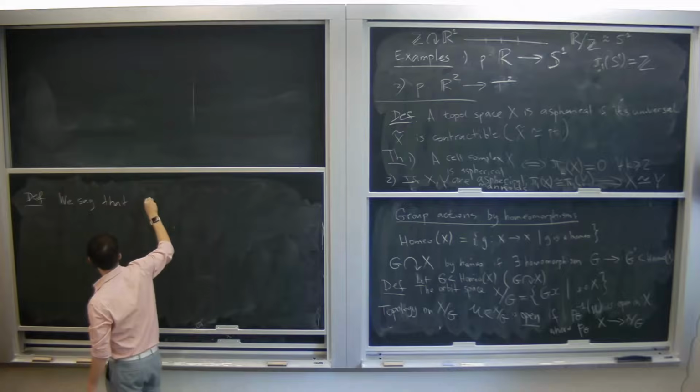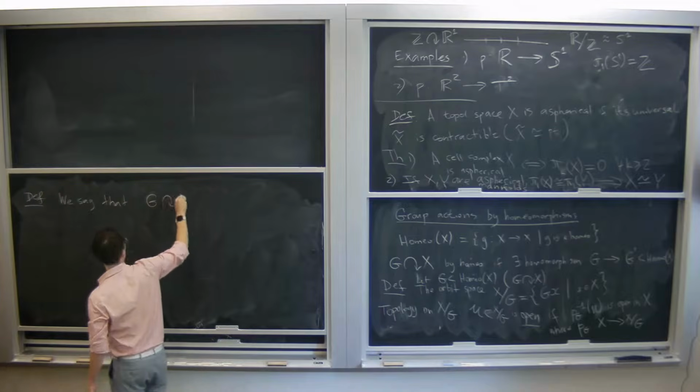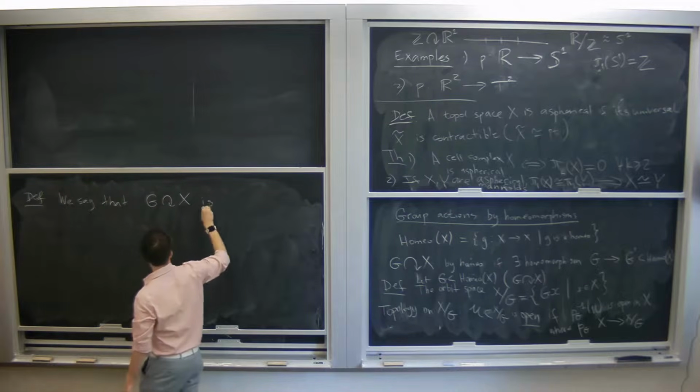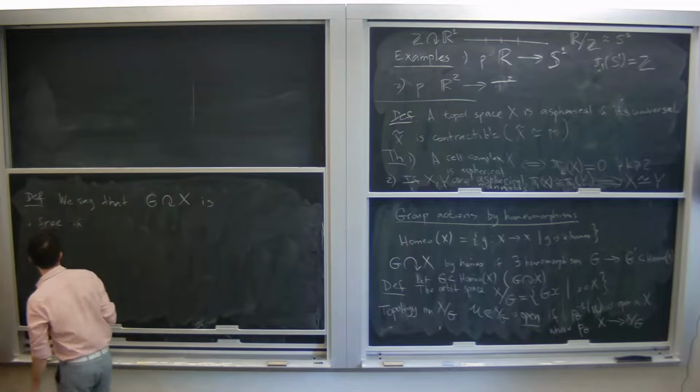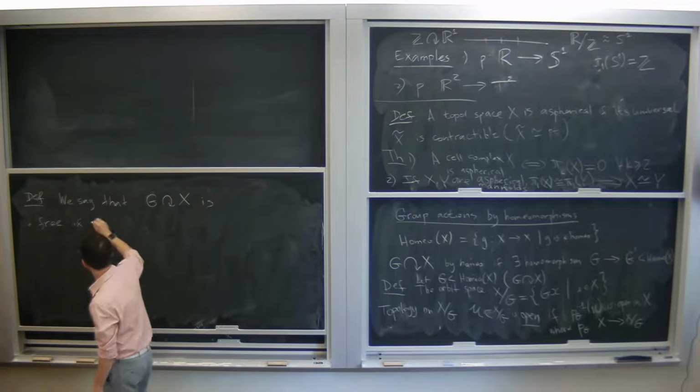We say that a G action on X is free if every stabilizer is trivial.